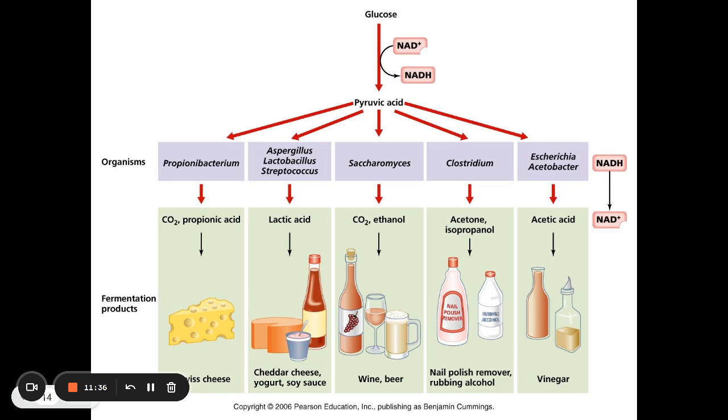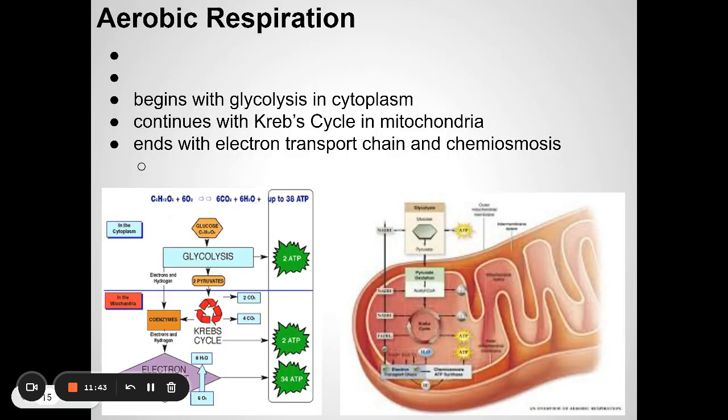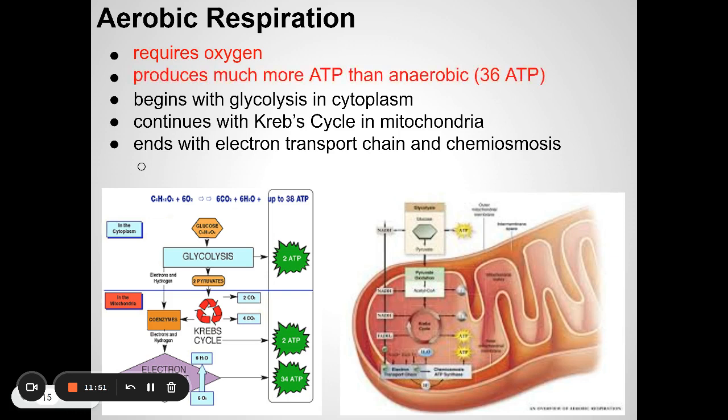Wine, beer, alcohol is produced by the action of yeast, which go through anaerobic respiration, vinegars and so forth. But we're mostly concerned with aerobic respiration. Aerobic respiration is the kind that does use oxygen.